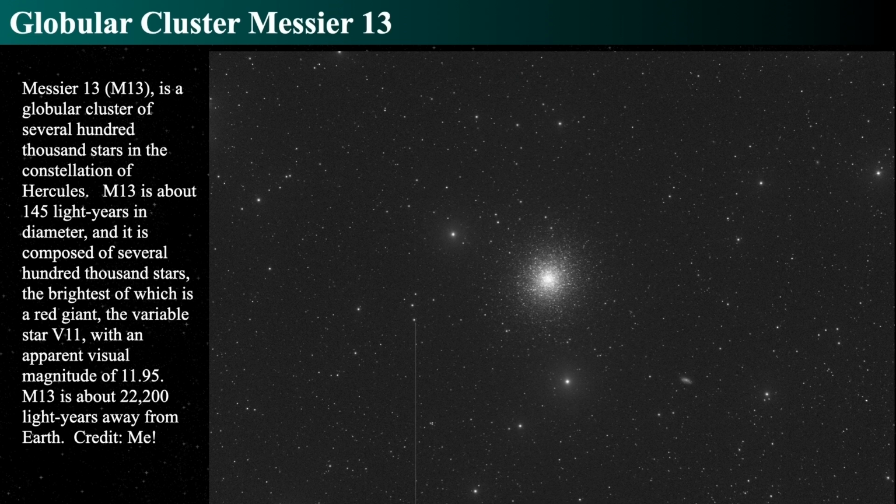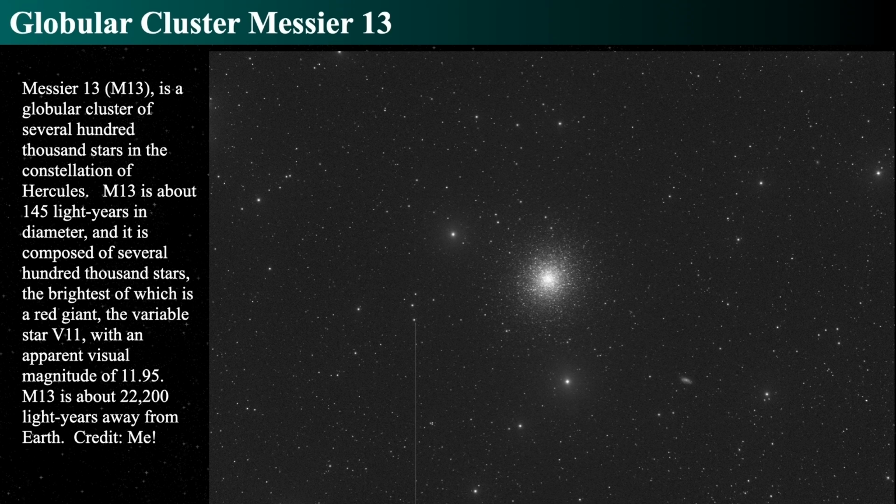This is a picture I took myself. I took this using the iTelescope remote observatories, and this is of the Great Globular Cluster, Messier 13. It's in the constellation Hercules, and it's a wonderful thing to go see, and it's definitely a binocular view. We see two bright stars on either side of M13, and even a little galaxy just off to the right.